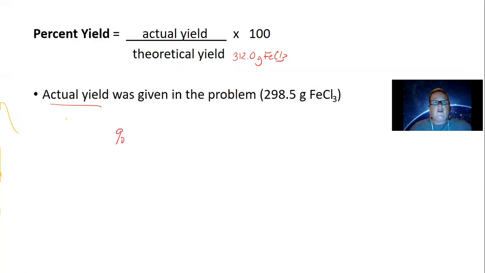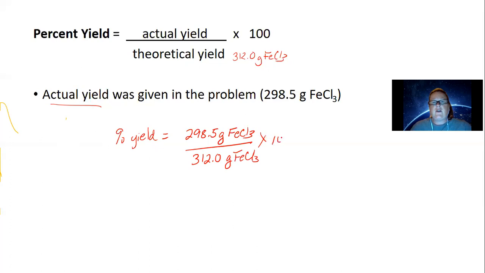So the percent yield will be the actual yield, which is 298.5 grams of FeCl3, divided by the theoretical yield, 312.0 grams of FeCl3, times 100, and it ends up being a 95.7% yield.